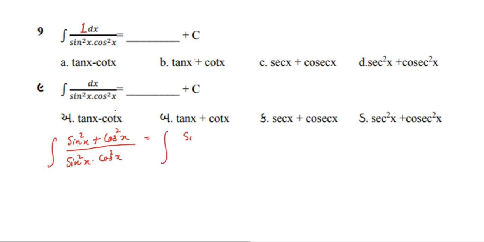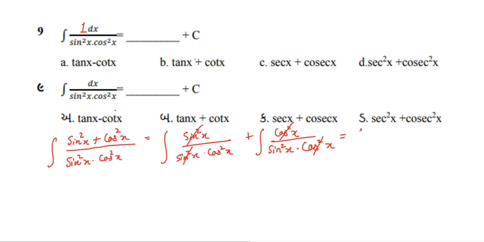Then I can write sine square x upon sine square x into cos square x, plus integration of cos square x upon again sine square x into cos square x. Let us cancel sine square x upon sine square x and cos square x upon cos square x. So I will find integration of 1 upon cos square x plus integration of 1 upon sine square x.